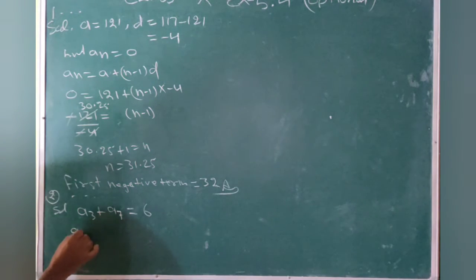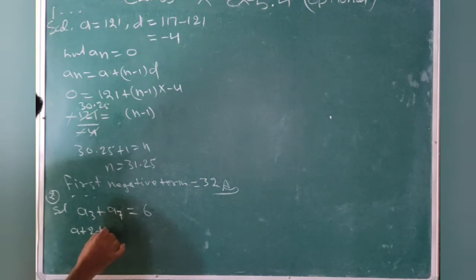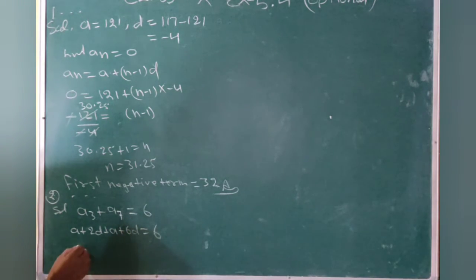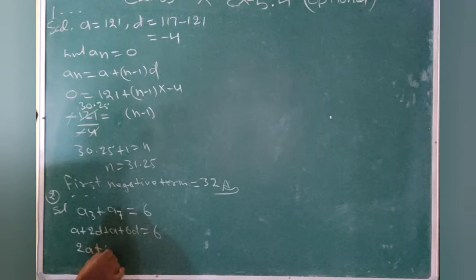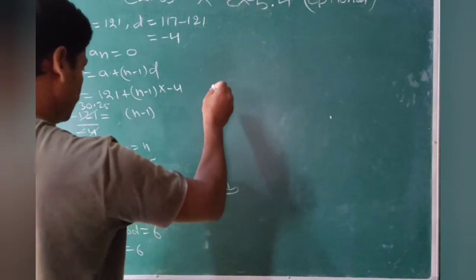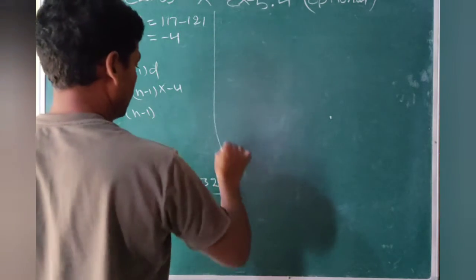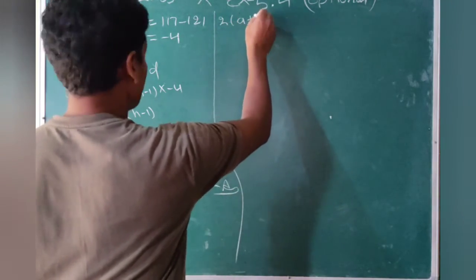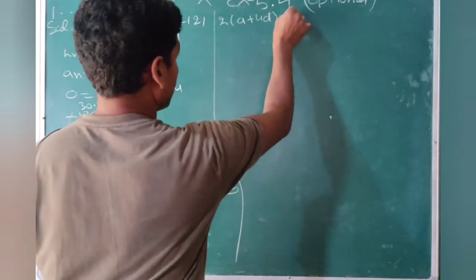So a plus 2d plus a plus 6d is equal to 6. So 2a plus 8d is equal to 6. Here we will take the common 2, so a plus 4d is equal to 3.